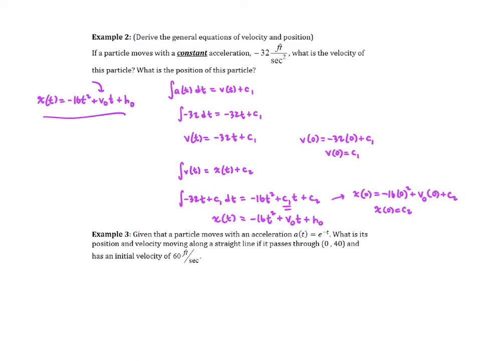So here's your initial velocity, and here is your initial height. And there you go. Awesome. Now, of course, that's in feet per second. If you're dealing with meters, this value changes, but it's all good.